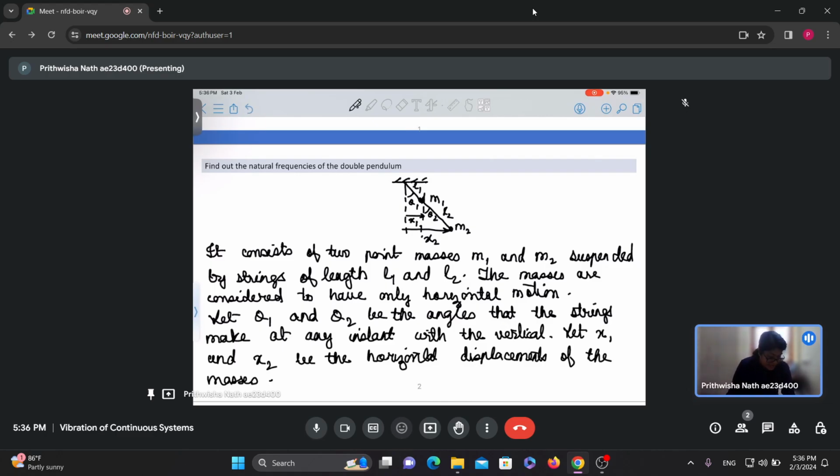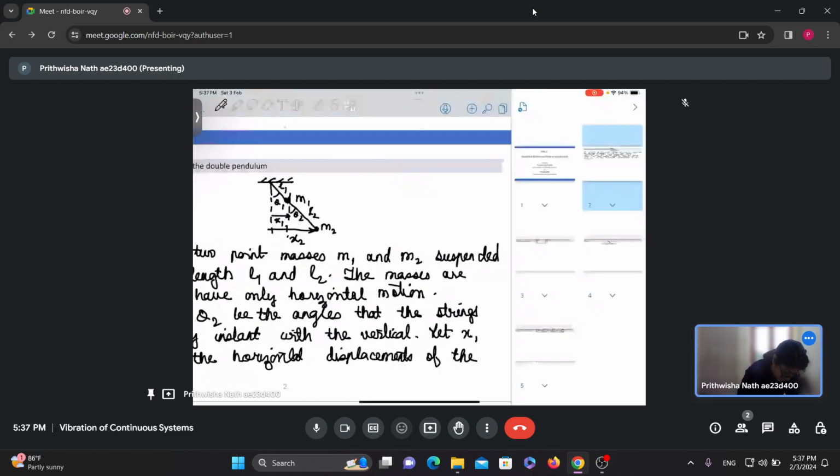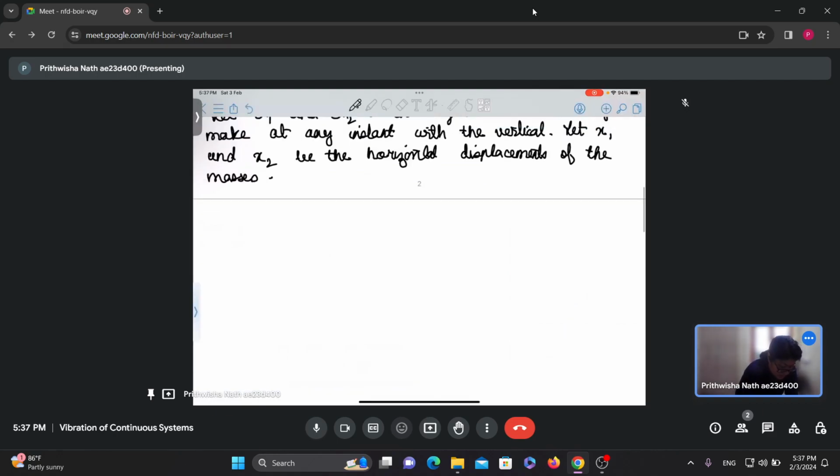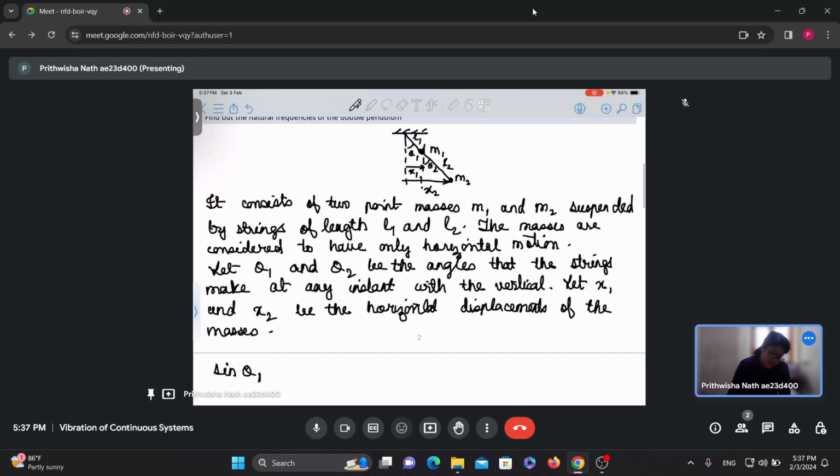So here we assume that the system has small amplitudes. For small amplitude, we consider sine theta almost equal to theta. What will be sine theta 1? From this image we can see that sine theta 1 will be x1 by L1.